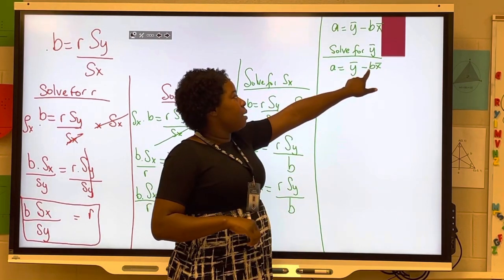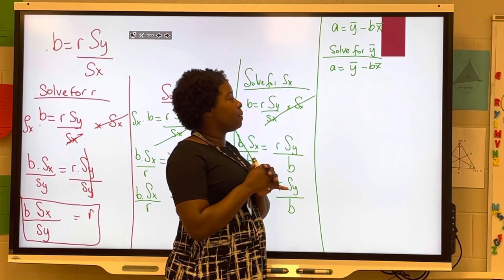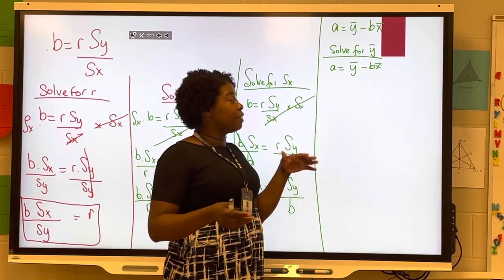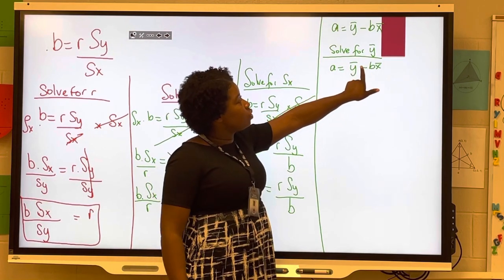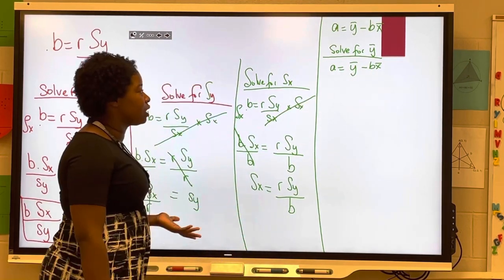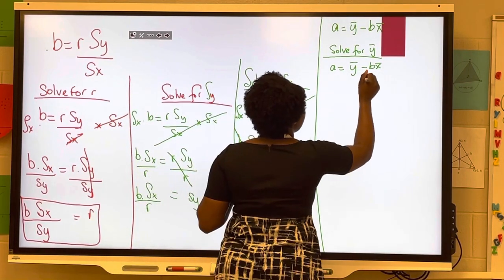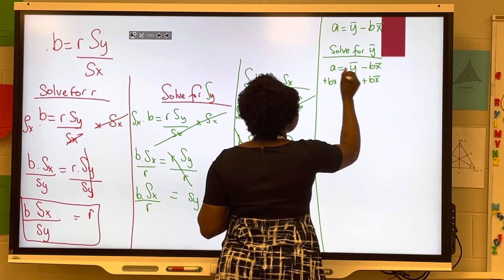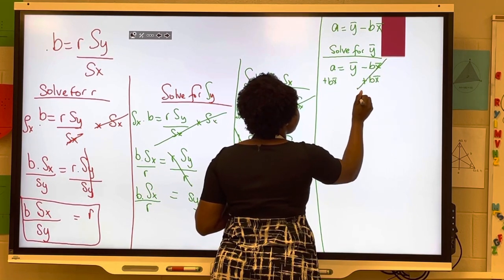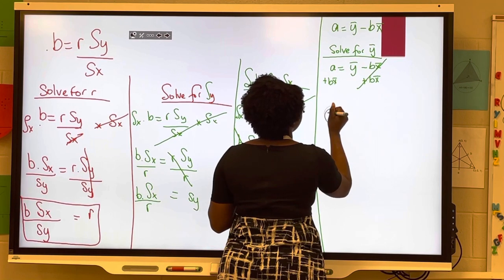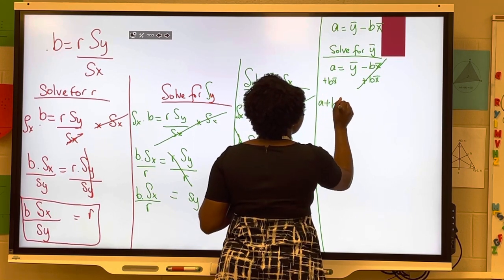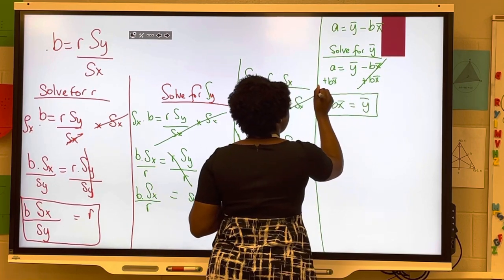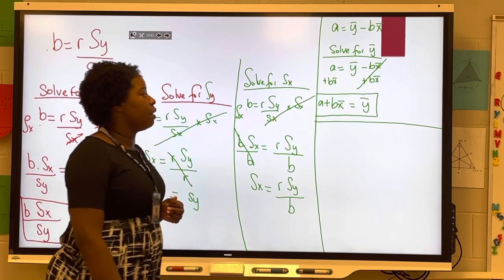As you can see, b and x bar are combined through multiplication, so that's considered one term. y bar by itself is another term. If these two are subtracting, we do the opposite operation, which is addition, so we add b of x bar on both sides. This cancels, so a plus b x bar is equal to y bar. And that's how you find y bar.